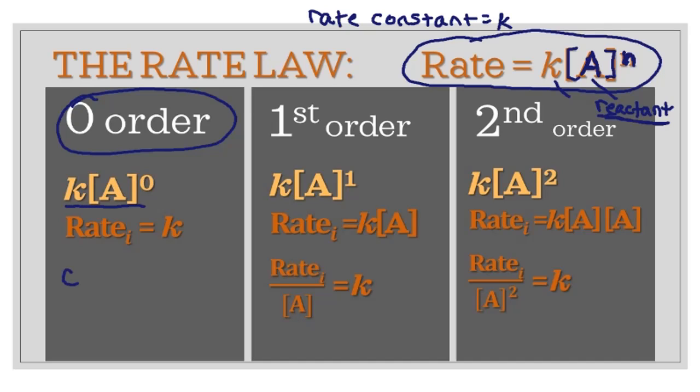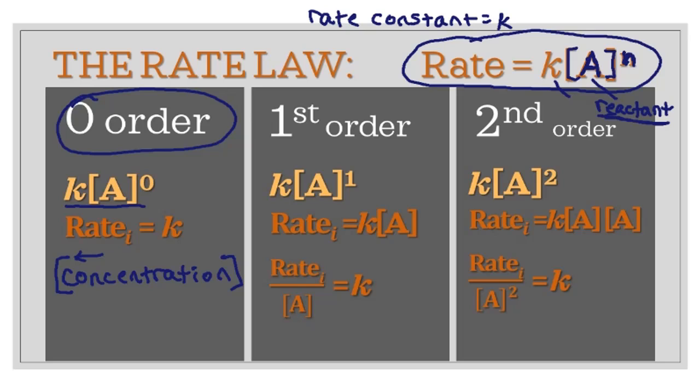And by the way, when we're dealing with concentration, we put brackets around the element or the ion or whatever chemical we're dealing with. If it's oxygen or carbon dioxide or anything, we put brackets around it, and that means that we're talking about the concentration of that chemical.